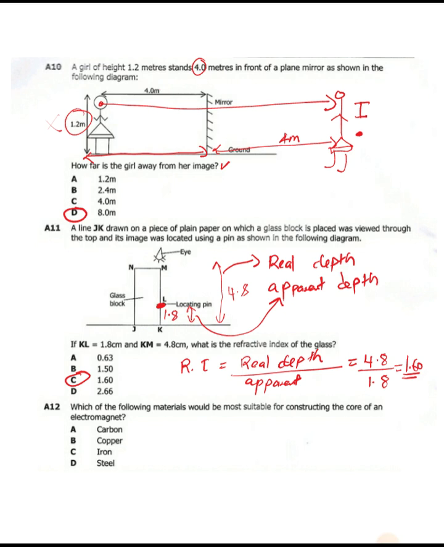That's all you are basing your answer on, and that is iron. Iron is easier to magnetize. Copper is not a magnetic material. Carbon, no. Steel, it is, but it is hard to magnetize. It's also hard to demagnetize. Electromagnets should magnetize and demagnetize easily. It's very important to have such a property for an electromagnet.